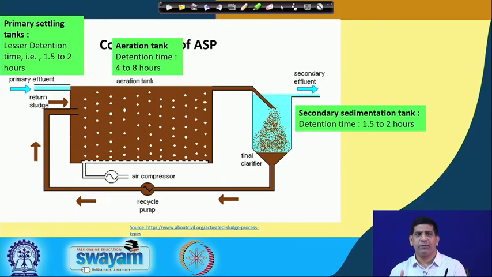Activated sludge is kind of the heart of the effluent treatment plant, one of the major components of the industrial wastewater treatment plant or the sewage treatment plant, and that is why we are giving you a brief overview of how things work, so that nobody can cheat you.